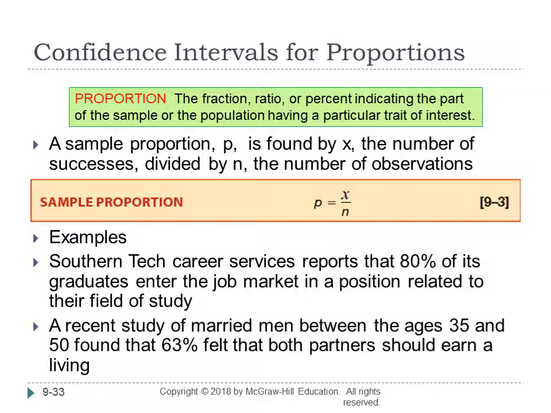Here are examples, and of course the next thing we want to do is to see confidence intervals for proportions. The examples, for instance, Southern Tech Career Services, a company that advises people on their career.